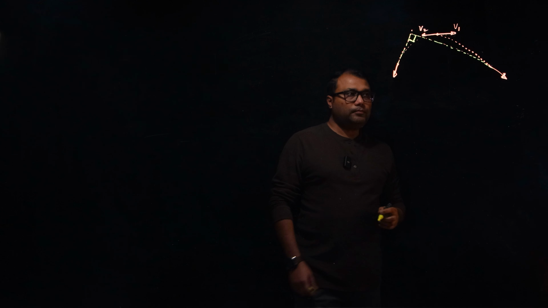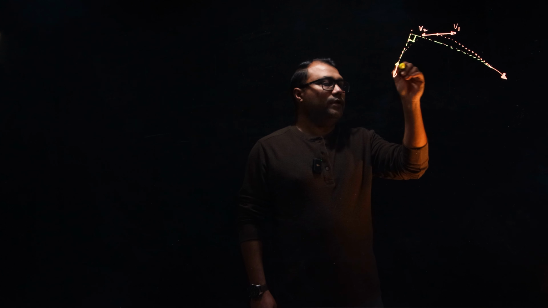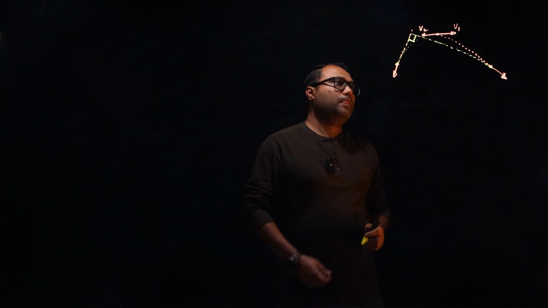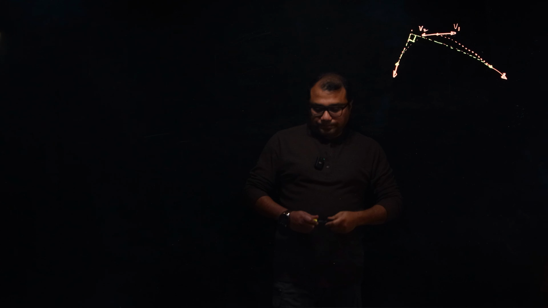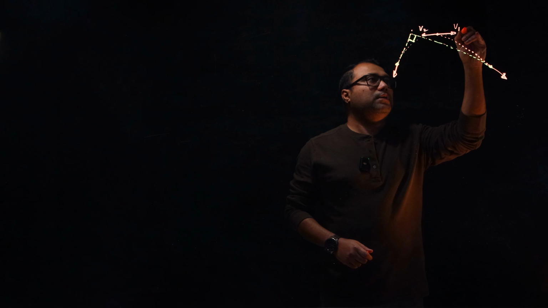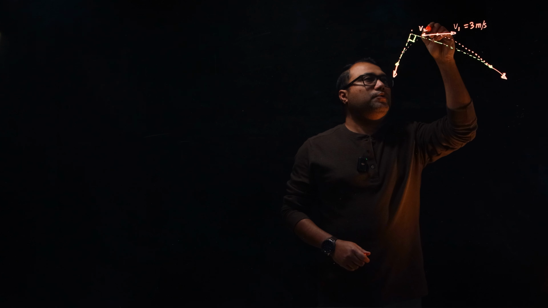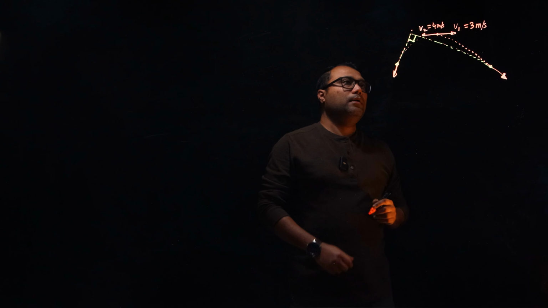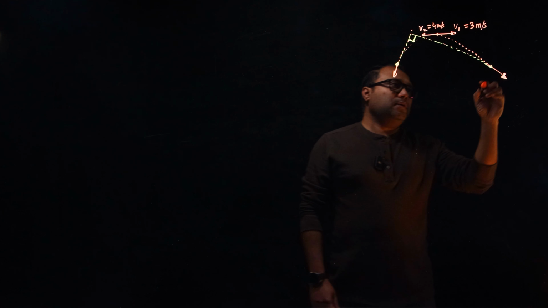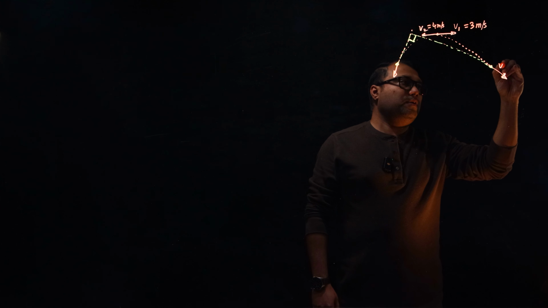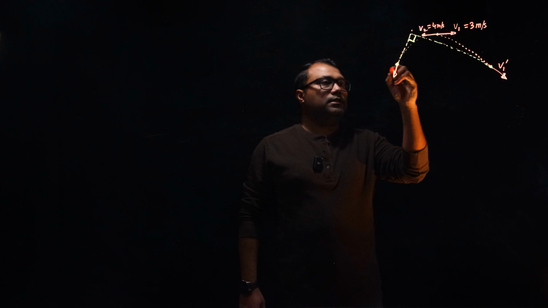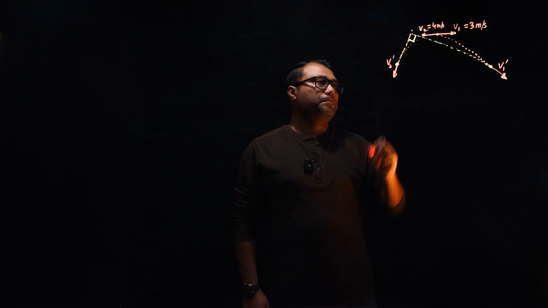They have reached these points. And it's given v1 is 3 meter per second and v2 is 4 meter per second. Let's say when they reach here, this is v1 dashed and this is v2 dashed.